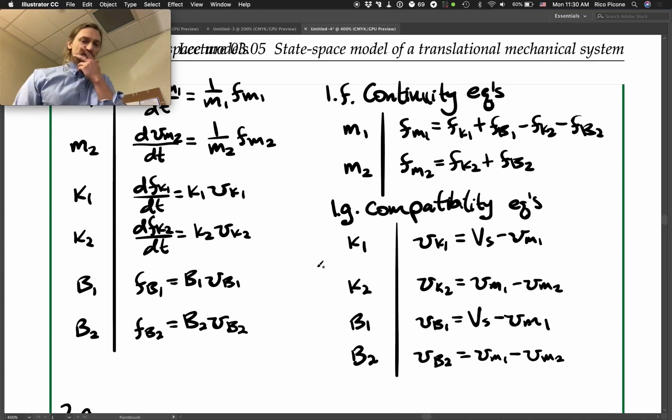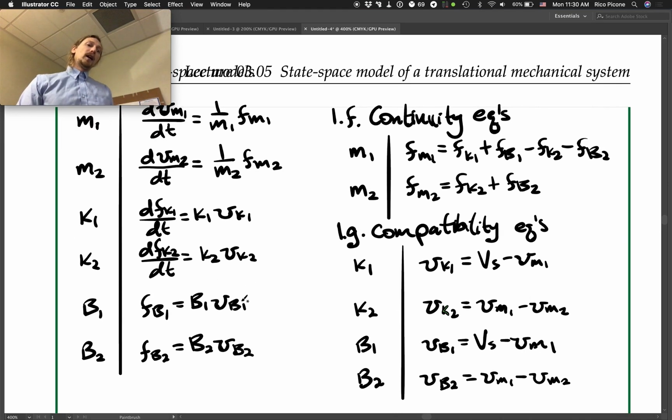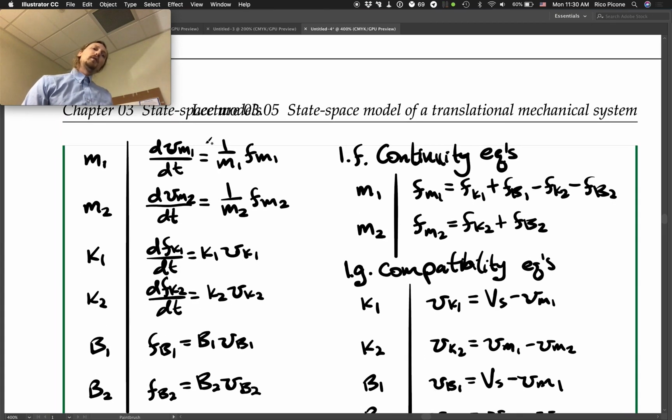So I didn't mention this when we wrote it. When we wrote the elemental equations, we always write the time derivatives on the left-hand side because we know we're going to want them over there. They're always the primary variables, they're always the state variables. We know that these equations with the time derivatives on them are going to be our state equations in the end.